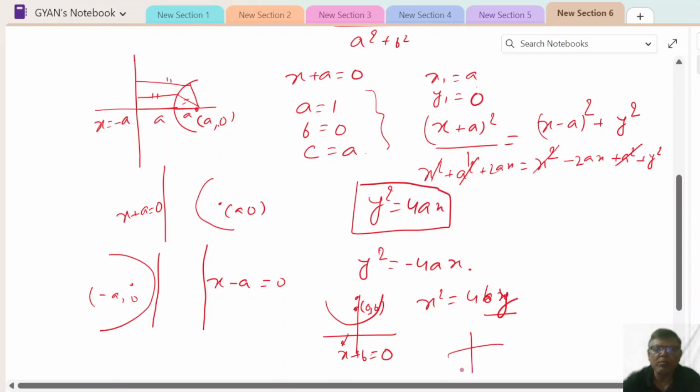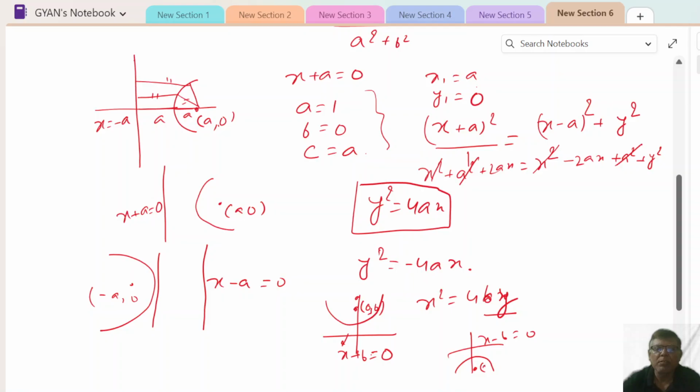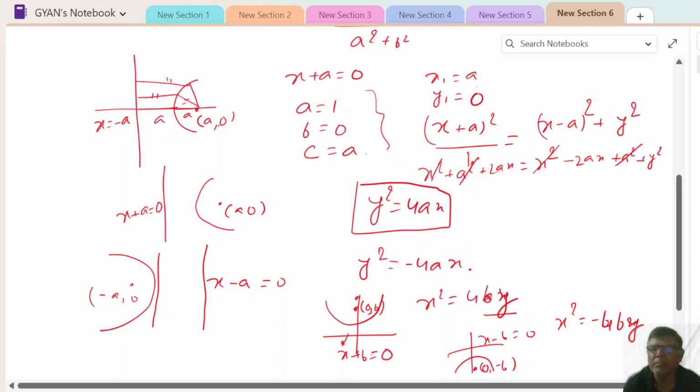And for the focus (0, minus b), the equation will be x square is equal to minus 4by. So it will change like this.